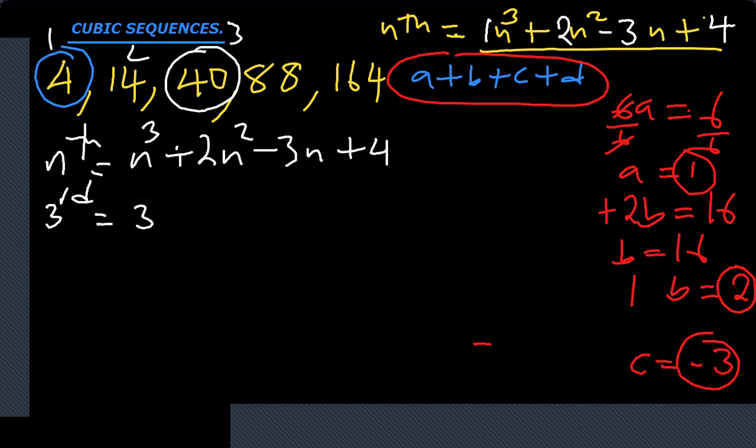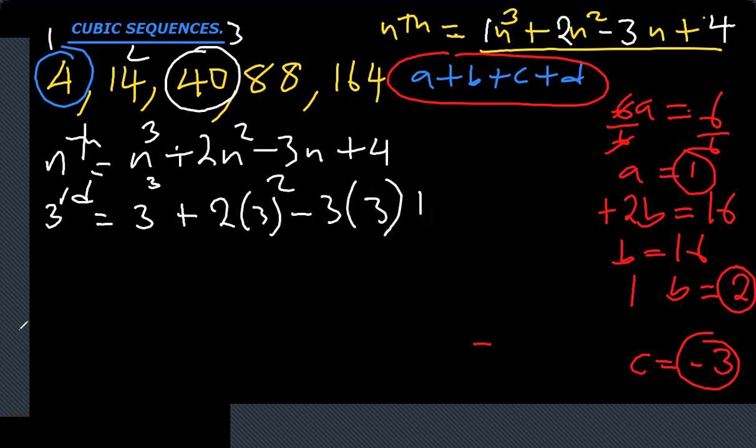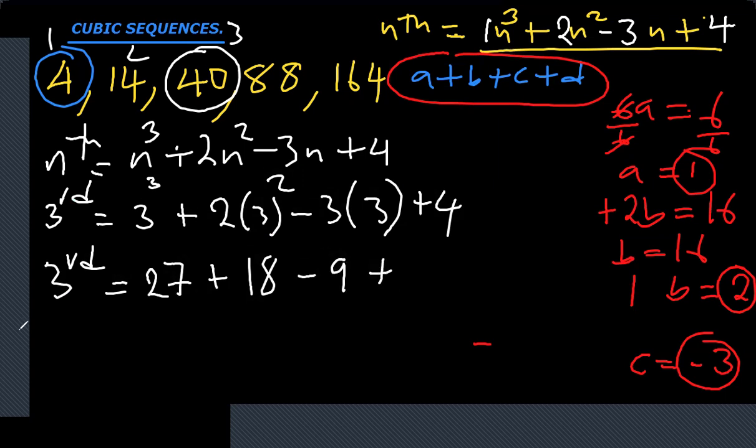So 3 cubed plus 2 multiplied by 3 squared minus 3 multiplied by 3 plus 4. Let us see. That term will therefore be 27 plus, now 3 squared gives us 9, 9 times 2 is 18. Then 3 times 3 gives us -9, and plus 4.